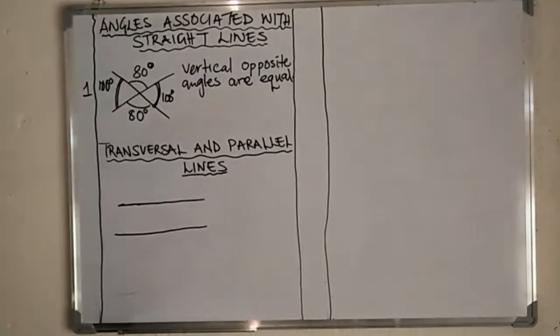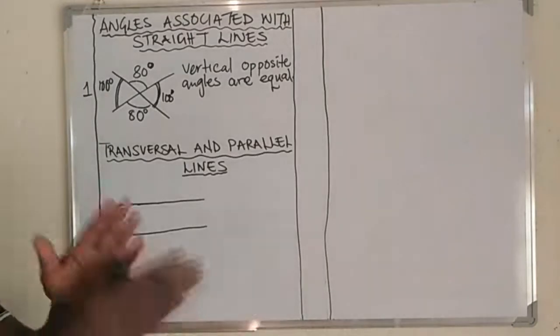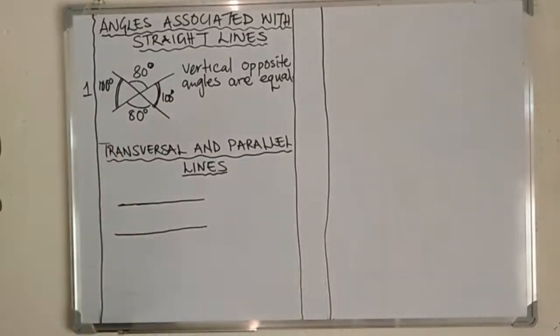Those lines can go anywhere, but they just don't meet each other. They just go straight, they are parallel to each other.